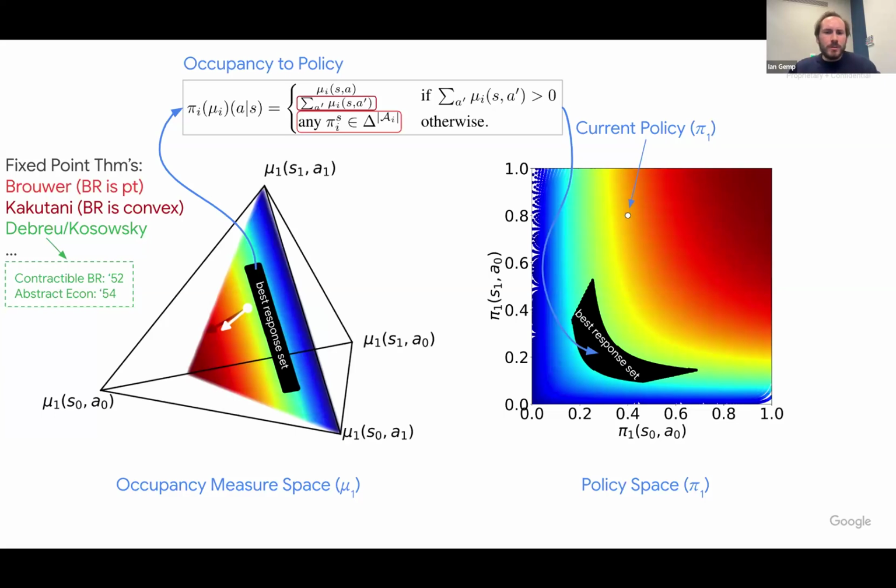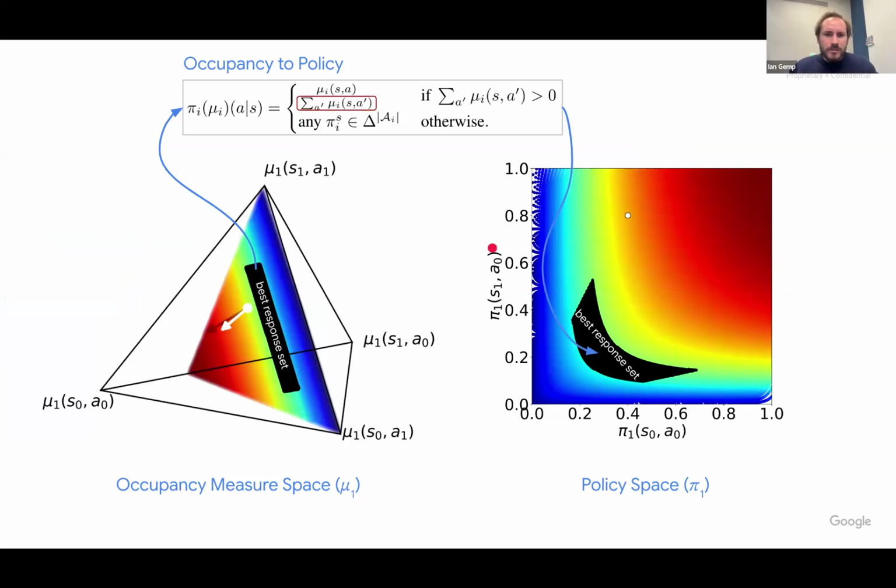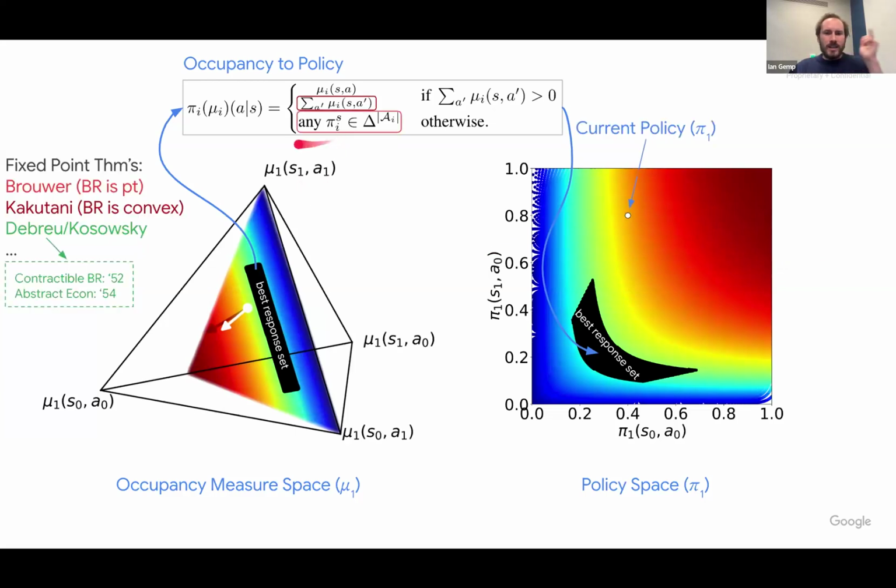And there was one more thing I wanted to point out when I was going through these slides. I mentioned this would be an issue before, and that's this mapping from occupancy measures to policies.